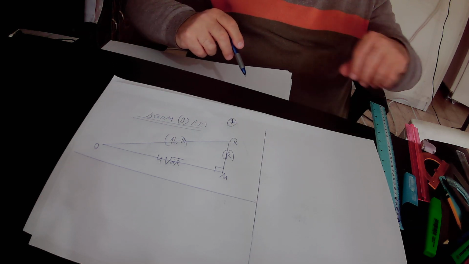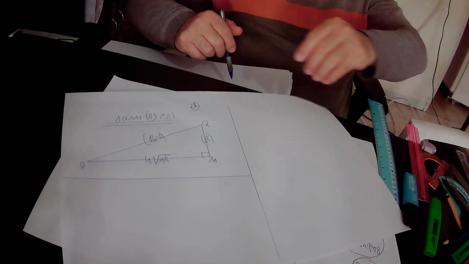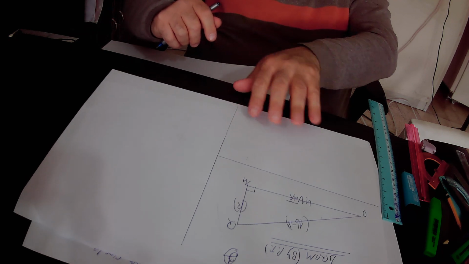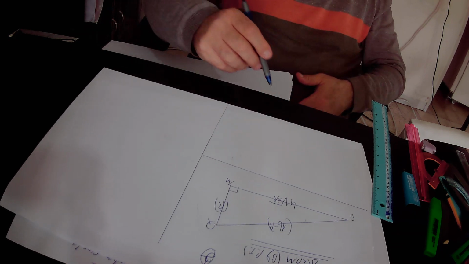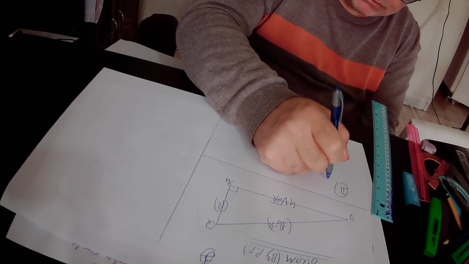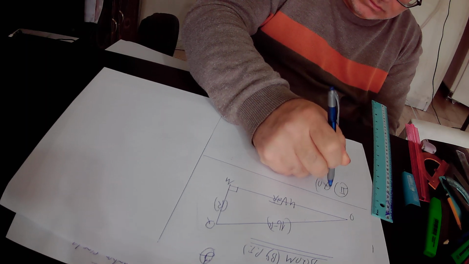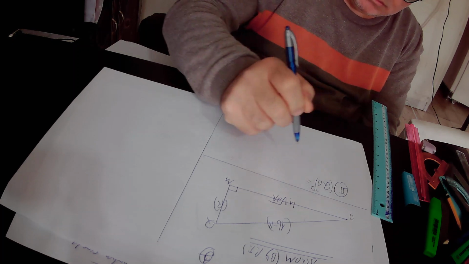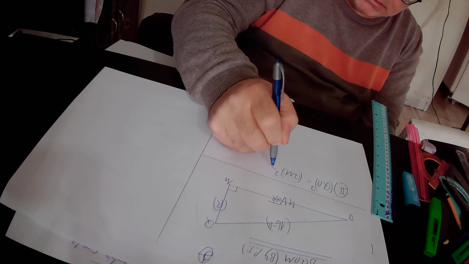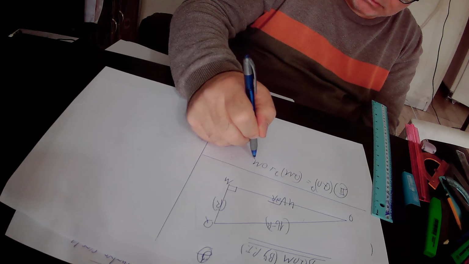So I write it down. This is equation 2. So QO square, the square of the hypotenuse, must be equal to QM square plus OM square.